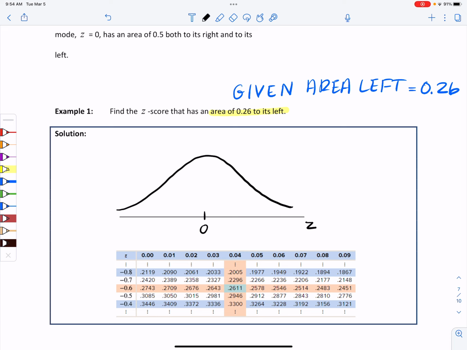If you're looking at an area left that's above 0.5, then you're above the mean and you're looking at a positive z. So this area is less than 0.5.